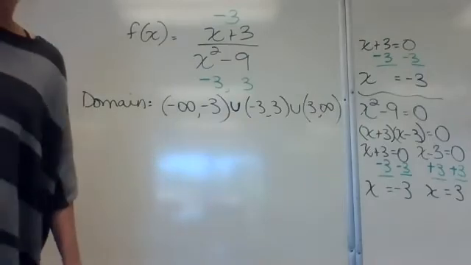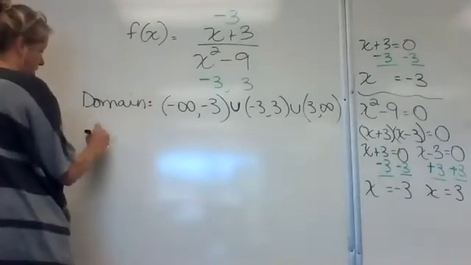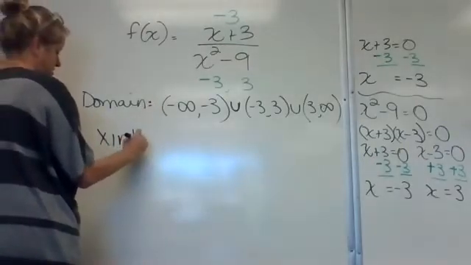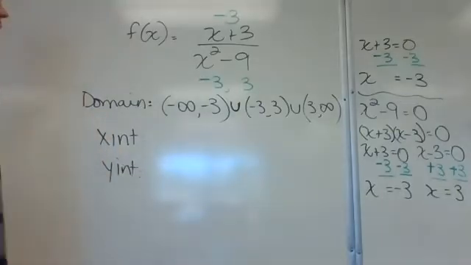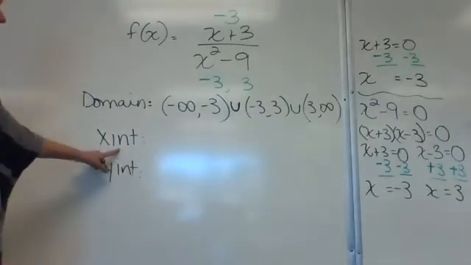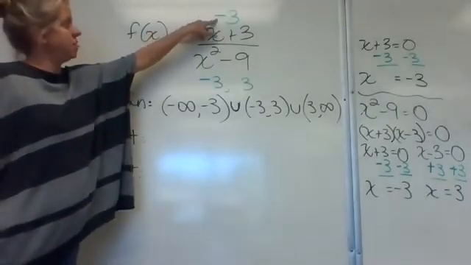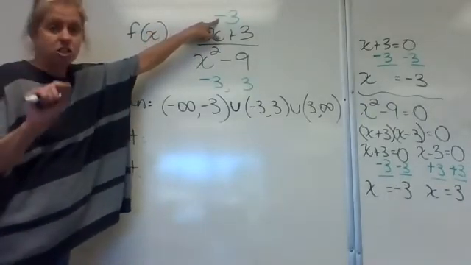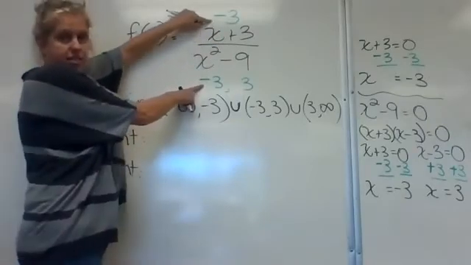All right, the next part of the question is asking you about the X-intercept and Y-intercept. So let's see, the X-intercepts are, this is why we did it, the zeros of the numerator, as long as it's not a zero of the denominator. But look, it is.